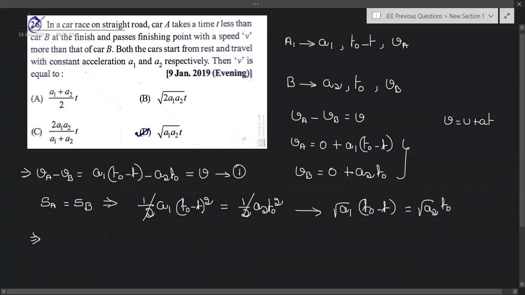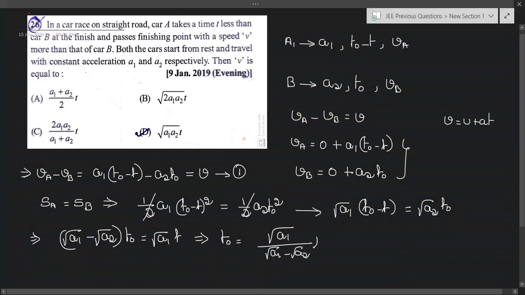So that implies (root a1 minus root a2) into t naught is equal to root a1 into t. So t naught is equal to root a1 by (root a1 minus root a2) into t. This is equation 2. Now substitute this t naught value in the first equation.